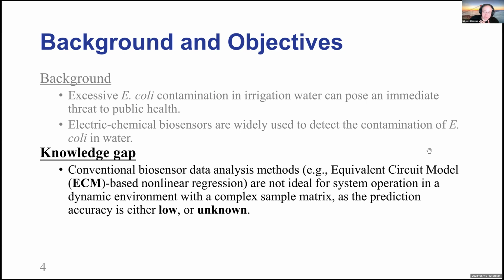So this boils down to taking the output of the biosensor, which is the so-called impedance curve, and then reducing it through this equivalent circuit model, or ECM, obtaining parameters that govern this particular circuit, and then fitting a nonlinear regression model to the concentration using these parameters. I will give very specific examples shortly.